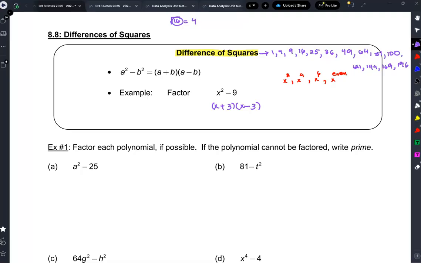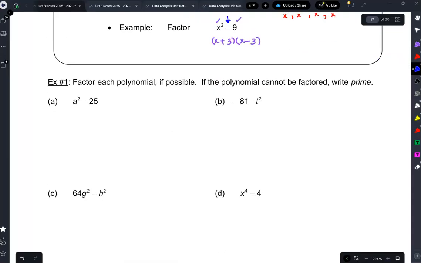Is this sum of squares or difference of squares? Difference. Difference means subtraction. So in order to do this, you have to have a perfect square, minus in the middle. If you don't have a minus in the middle, you can't do this. How do you check? You FOIL.